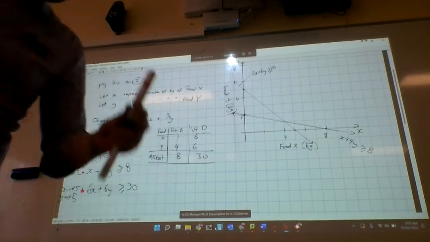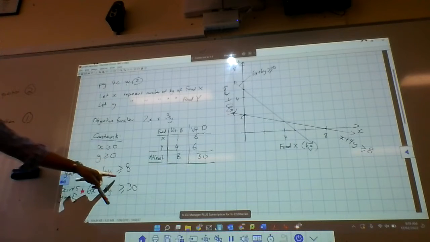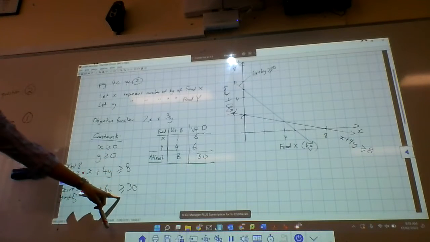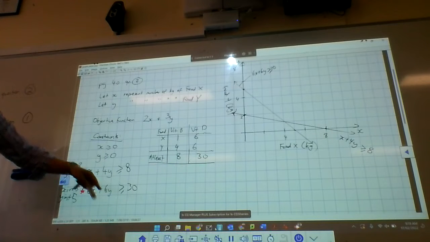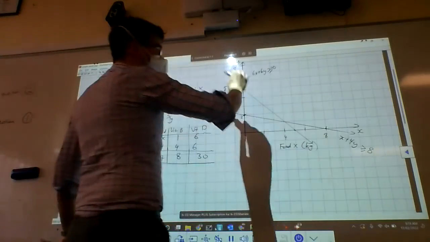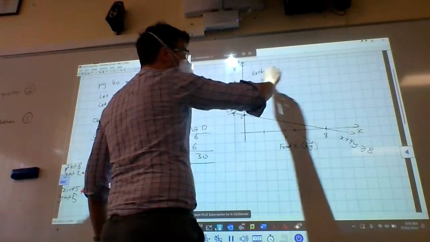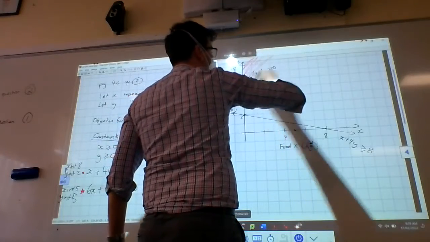I'm going to shade it in red. All right. Greater than, greater than, greater than, greater than. So it's all above it. It's all outside the line. So it's above this line, it's above this line, it's above this line, it's above this line. So it's all of this.